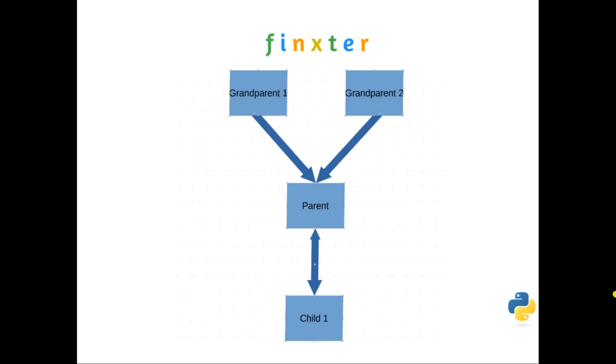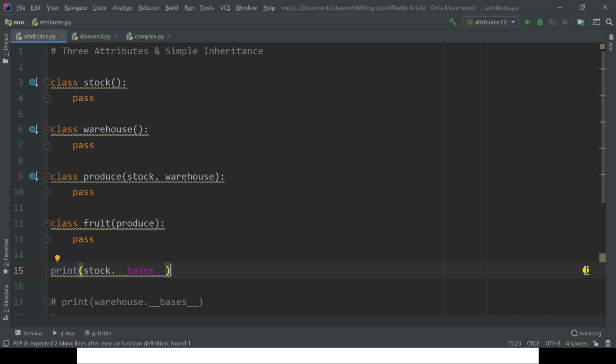So in our first bit of code, this is the multi-level inheritance that we'll be using. So we will have two grandparent classes that flow to a parent and then down to a child. And you'll see that in the code, which I'll switch to right now. And here is the code. So we looked at the block diagram.